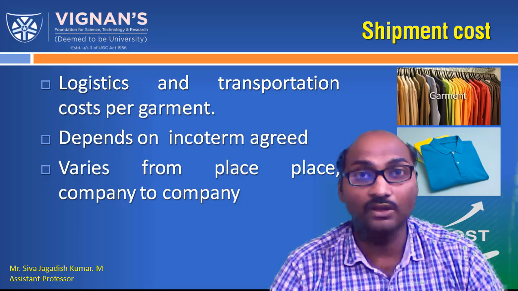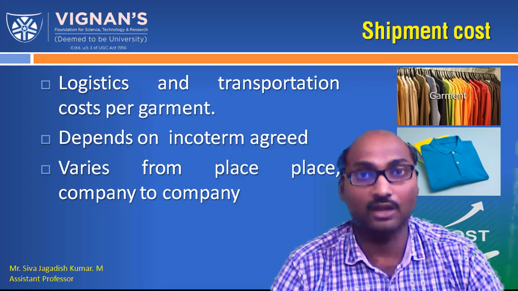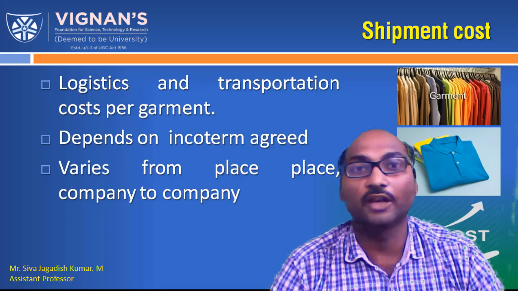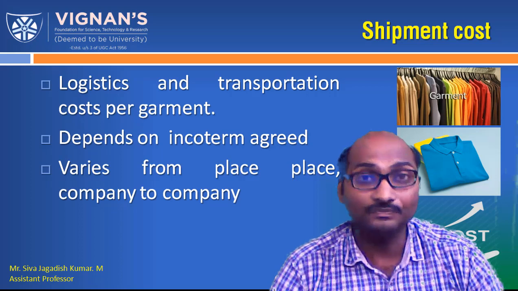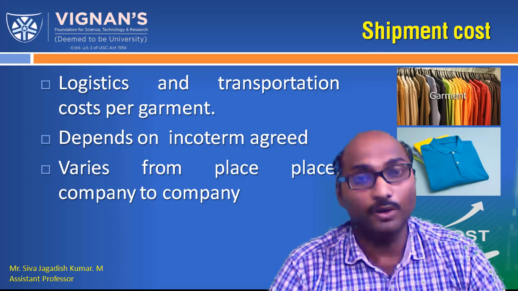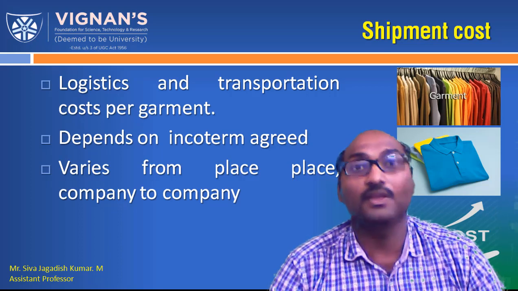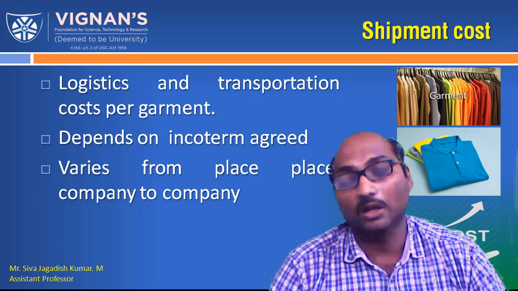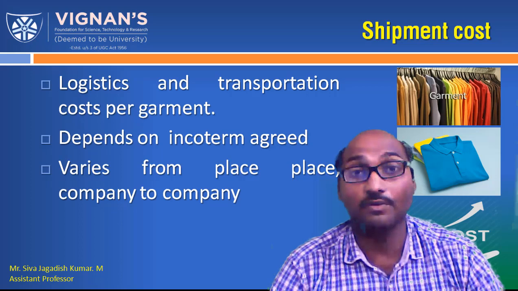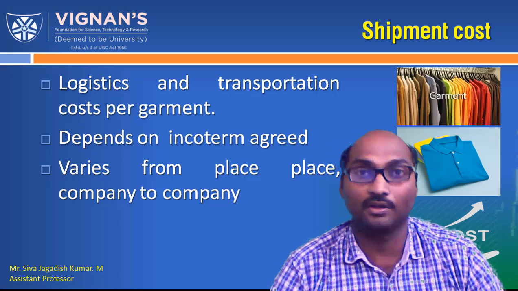DDP means delivered duty paid, like the Amazon or Flipkart door delivery service. In that, whatever the taxes, import duties, local bodies' taxes, everything including the shipment cost up to your house or your warehouse will be borne by the manufacturer itself.